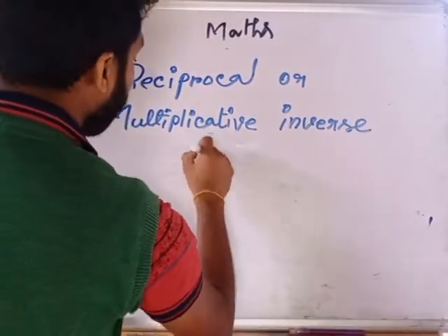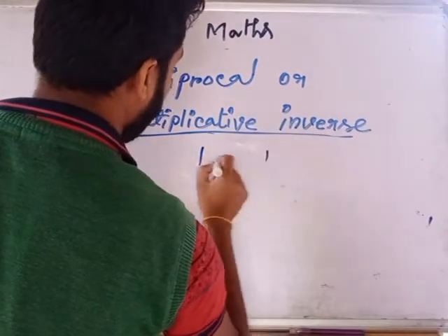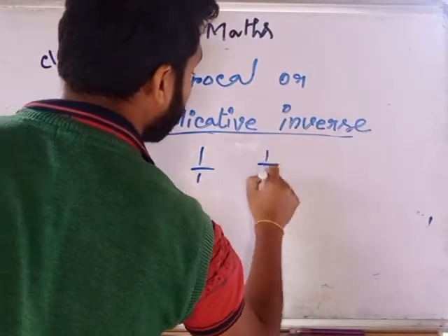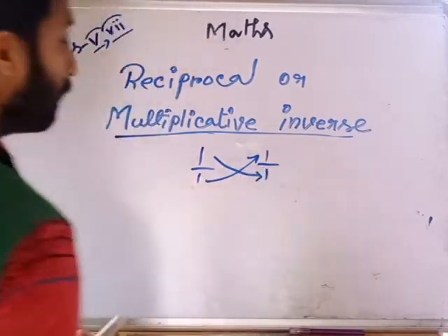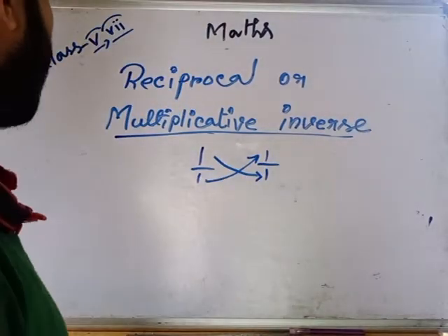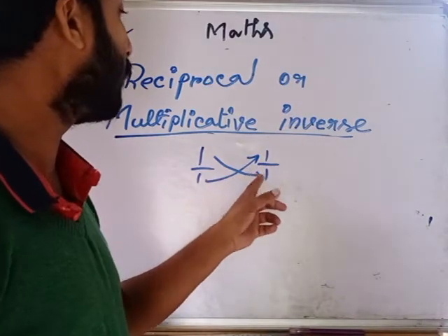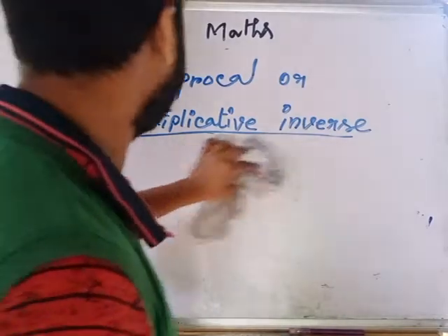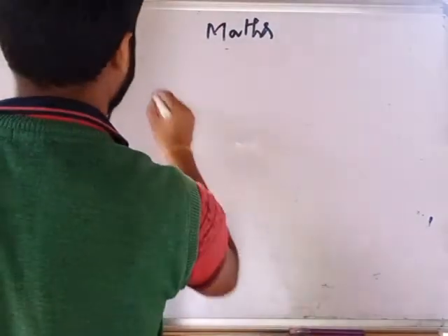If it is 1, after multiplicative inverse it is also 1, because 1 by 1 is also 1 by 1. The reciprocal or multiplicative inverse of 1 is the same number, that is also 1. Okay, do you understand? After that we should go to the next.